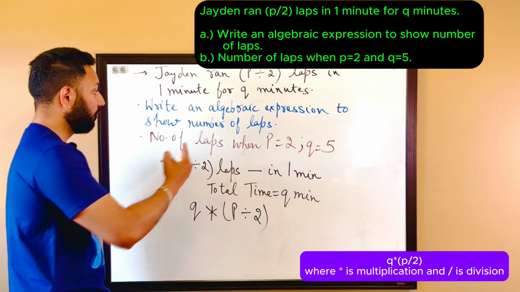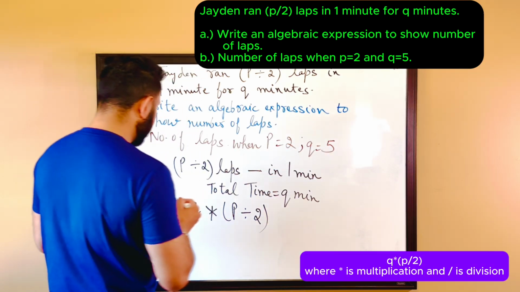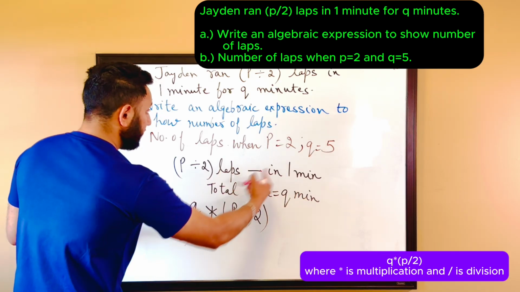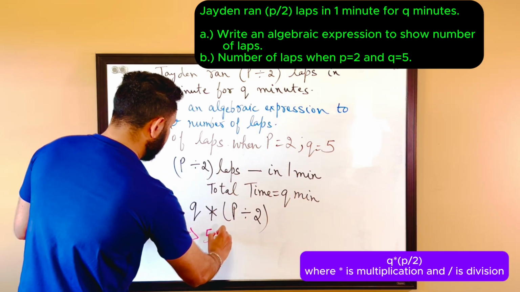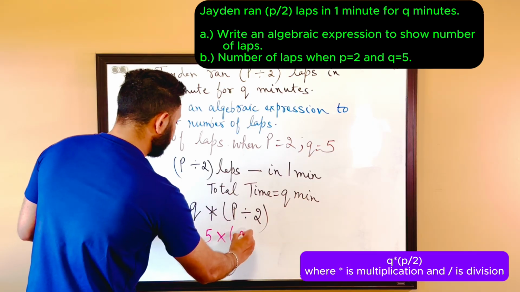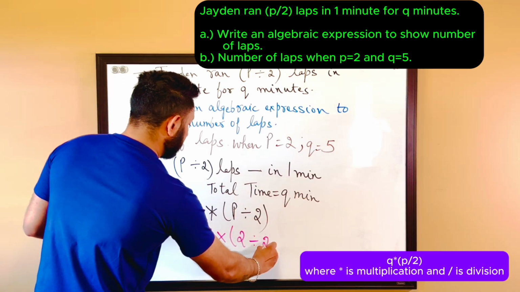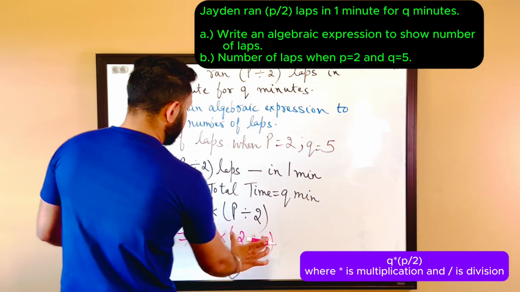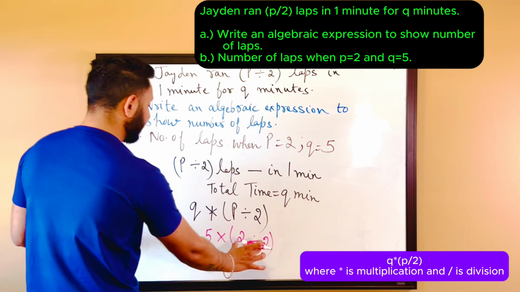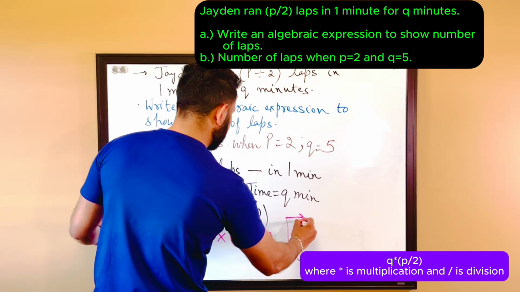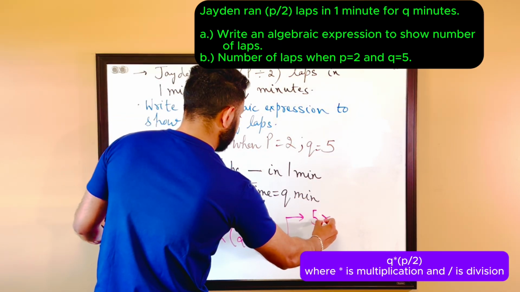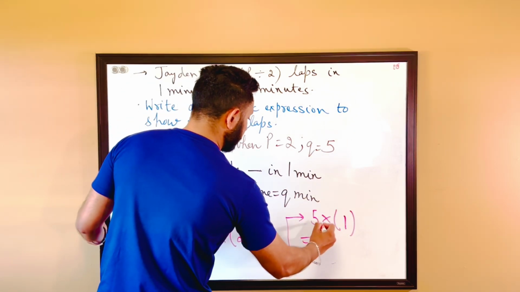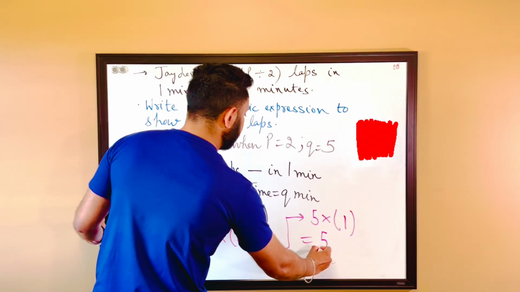And when p is equal to 2 and q is equal to 5, by BODMAS, we're going to solve the bracket first. So 2 divided by 2 is 1. So 5 into 1 is 5.